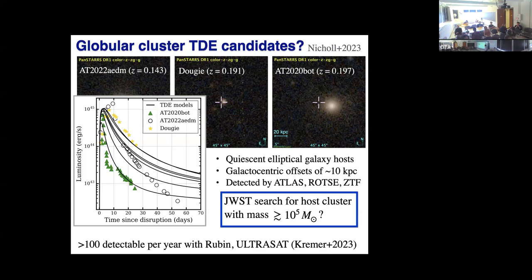JWST can actually resolve a host cluster at the location of these transients. The detection of a host cluster there would provide the clearest piece of evidence that these are being powered by dynamical processes in clusters. So we're in the process of trying to create a JWST program to follow up these transients, potentially test this a little bit.